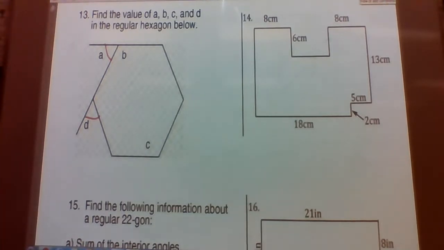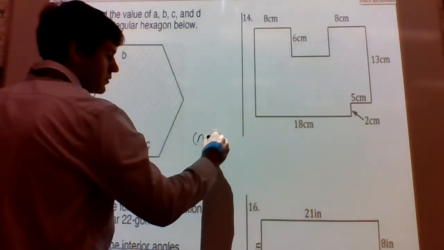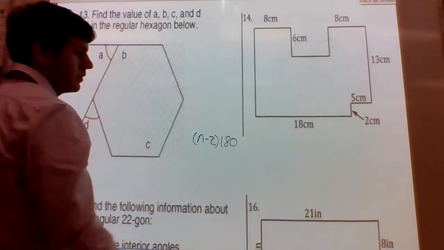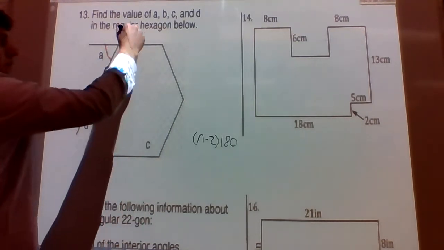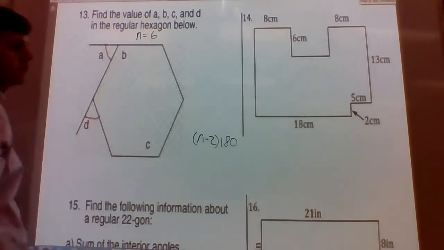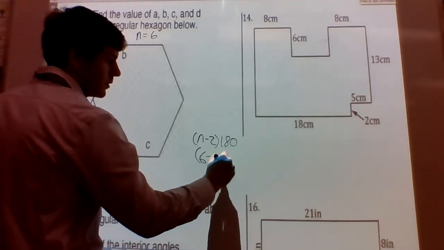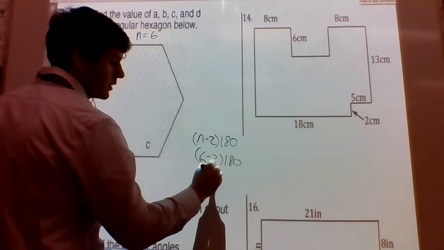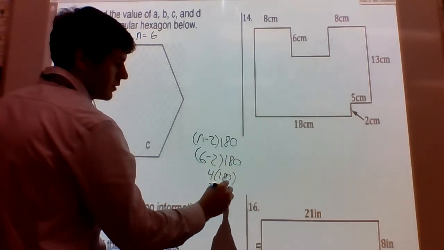We know the formula for finding the sum of the interior angles is n minus 2 times 180. So in a hexagon, we have 6 sides or 6 angles, so n is going to equal 6. So we can say 6 minus 2 times 180, 4 times 180, which is going to be 720.